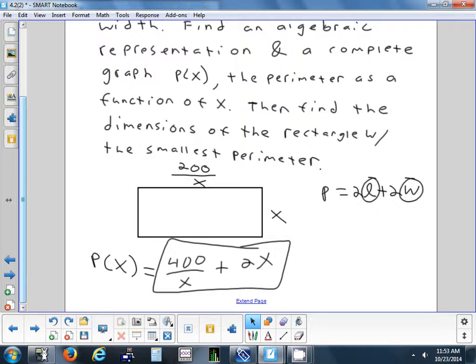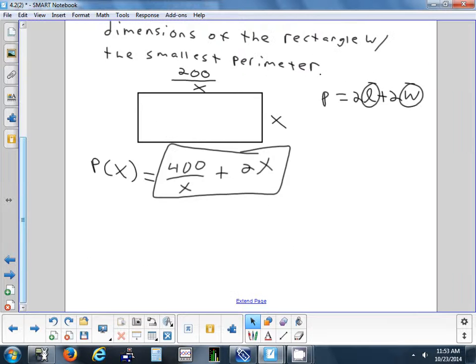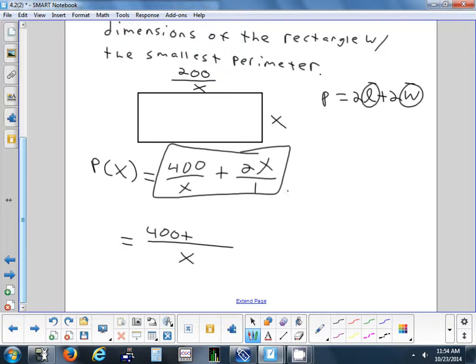That's what we're graphing. Earlier we found a common denominator and put all this together. You could do that if you wanted, but it's not necessary. The common denominator would be x, and you'd have to multiply top and bottom by x.